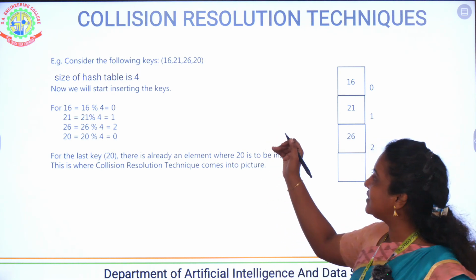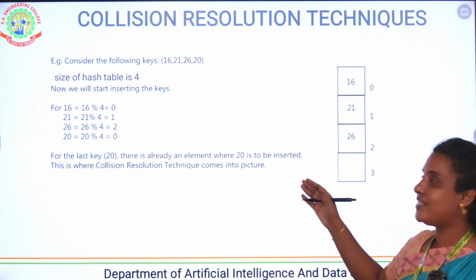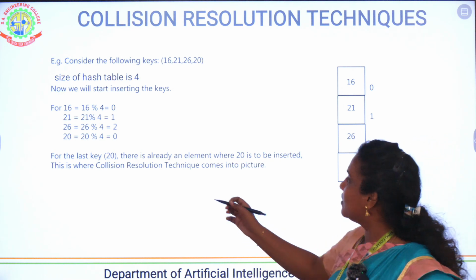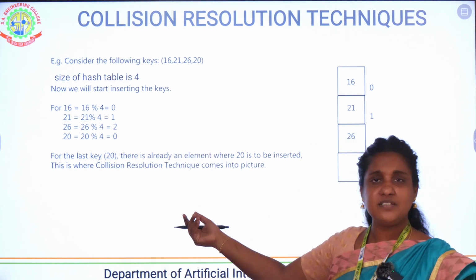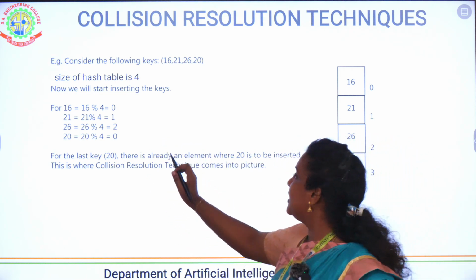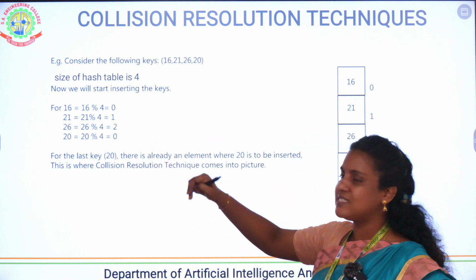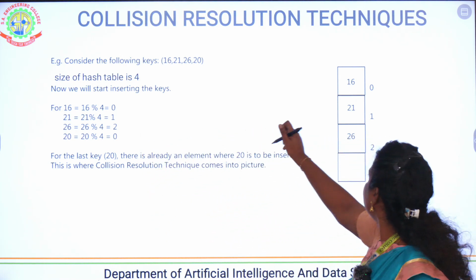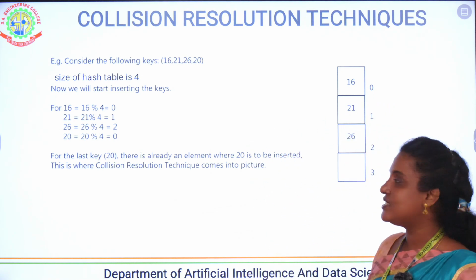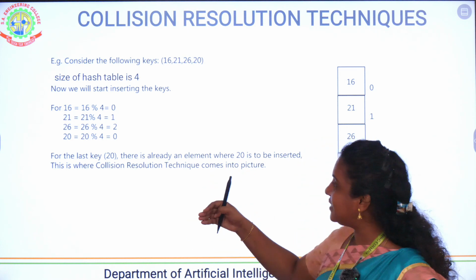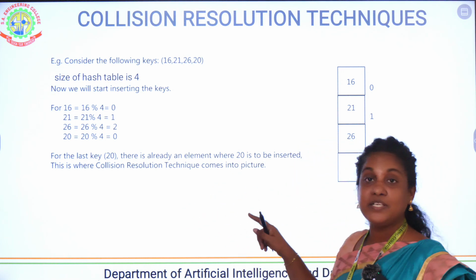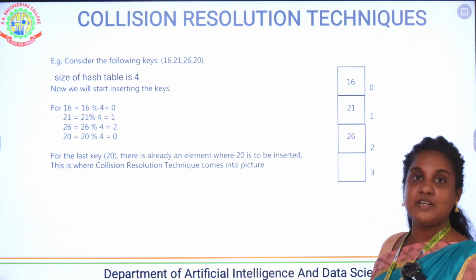For example, we have the keys 16, 21, 26, 20. Table size is 4, which means I can accommodate 4 keys. The hash function I am using here is the division method, key mod hash table size. So 16 mod 4, obviously the remainder is 0. So 16 will take position 0. Meanwhile 21 goes to 1, 26 goes to 2, but 20 refers to 0, and 0 is already occupied with the value 16.